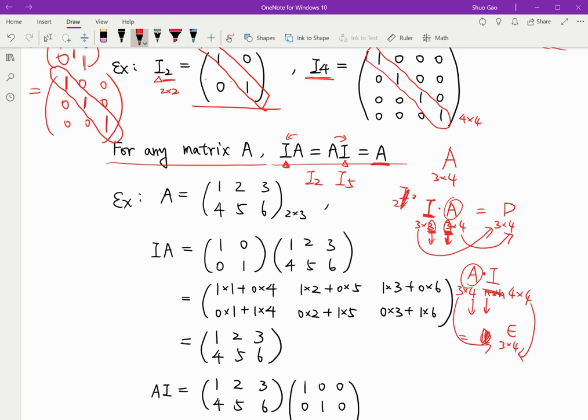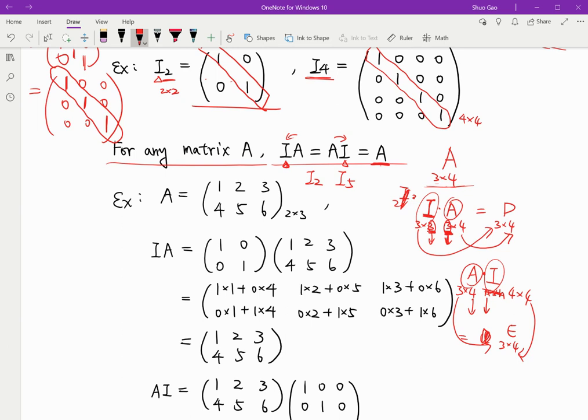So we can see that when we calculate I times A and A times I, we use different identity matrices. That's because the column dimension and row dimension of A are not the same. One is 3 and the other one is 4. So when we are multiplying a matrix before A or after A, we have to use a different identity matrix. But the results are the same.